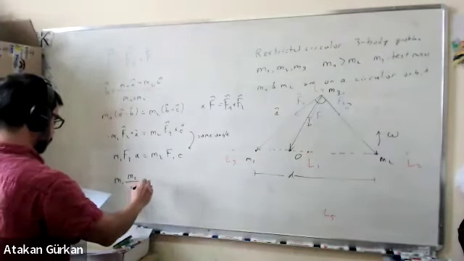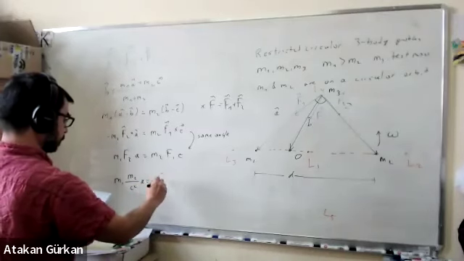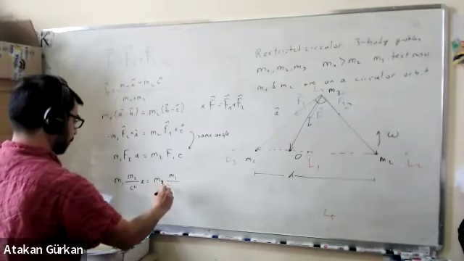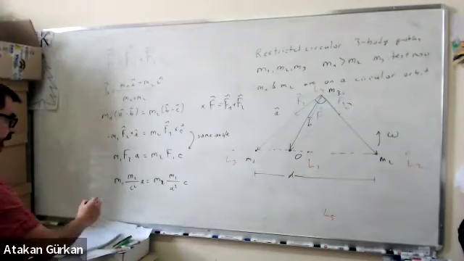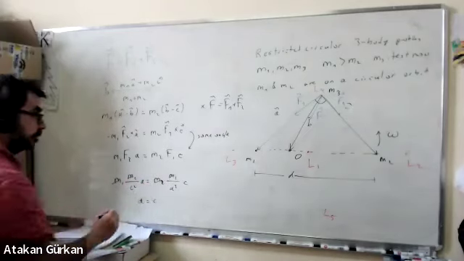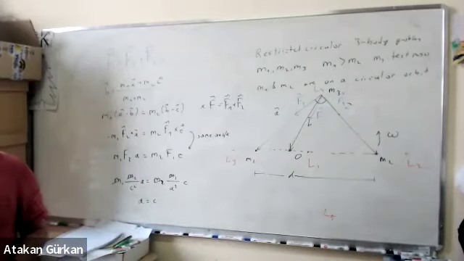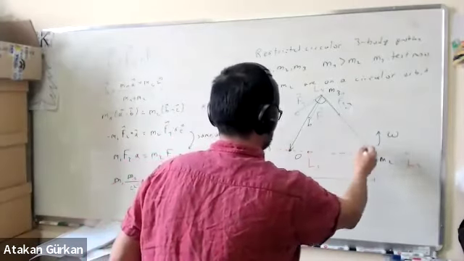Then M1 and M2 are cancelled, and I get A is equal to C. Okay? So this is an isosceles triangle. These two angles are the same because A is equal to C.